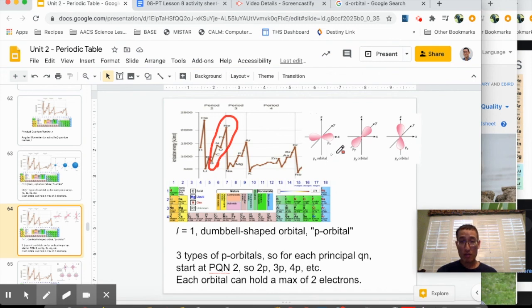So we have 2p, 3 different kinds. Each one can have 2 electrons. So you can see how many electrons can fit in here. Next, go in the next row, 3p. So from aluminum to argon. Another 3p orbitals. 4p is over here through krypton.